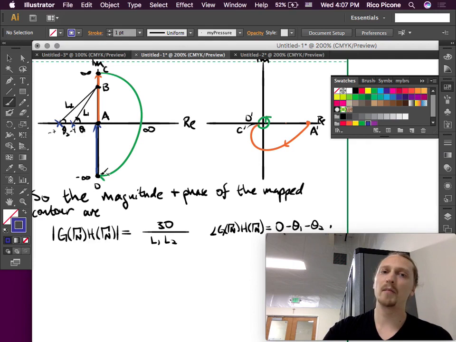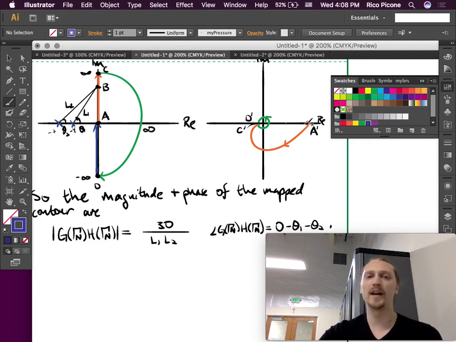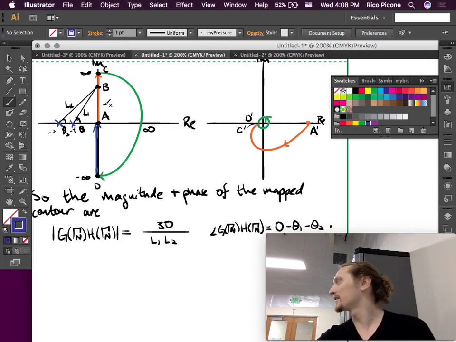And meanwhile, the magnitude is going to increase all the way up to, it's got to match up here, right? Started off at A, we better end up at A prime. So we're going to be doing exactly the opposite of what we did on the positive axis, right?